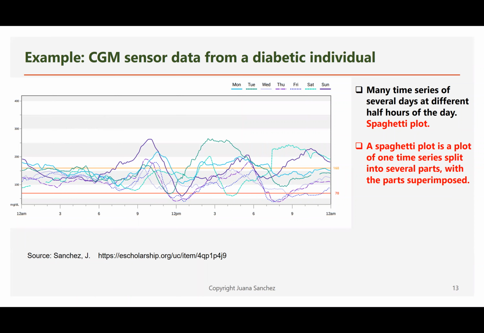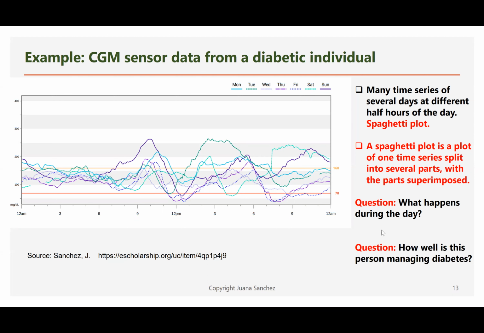And those are parts of the bigger time series. A spaghetti plot is a plot of 1 time series split into several parts with the parts superimposed. So according to this graph, what happens during the day? How well is this person managing diabetes?